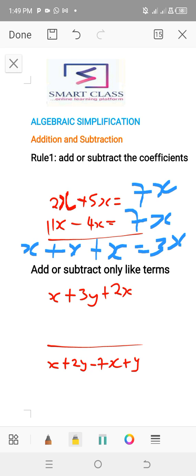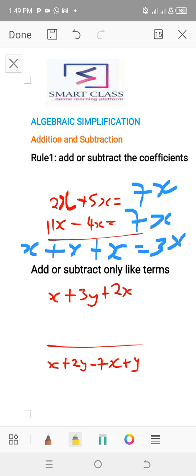If you have x and x, they are like terms. If you have xy and xy, they are like terms. If you have xyz and xyz, they are like terms. If you have x squared and xy, they are not like terms. If you have xy and xyz, they are not like terms, because one does not have z and the other has z.